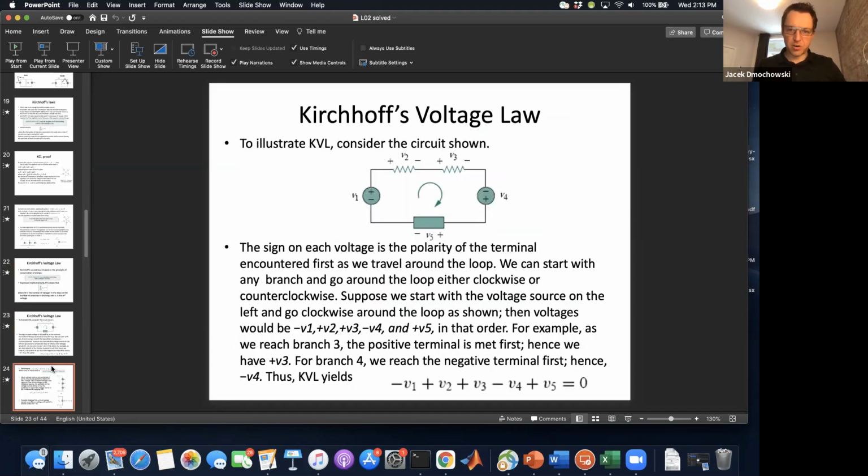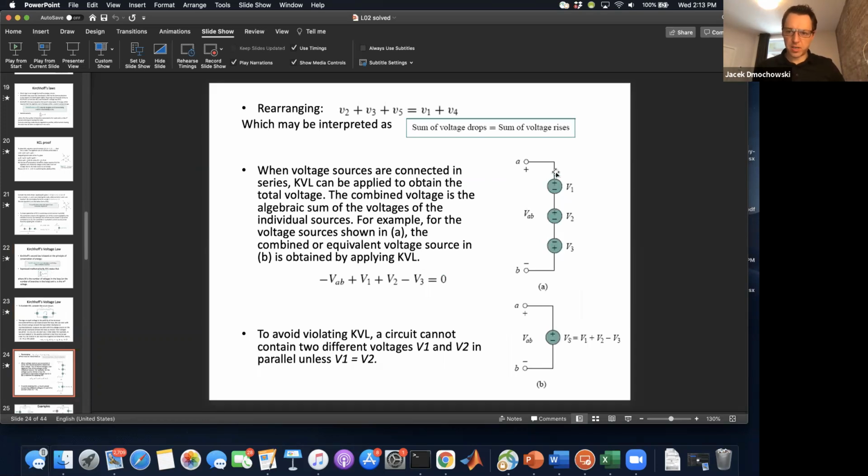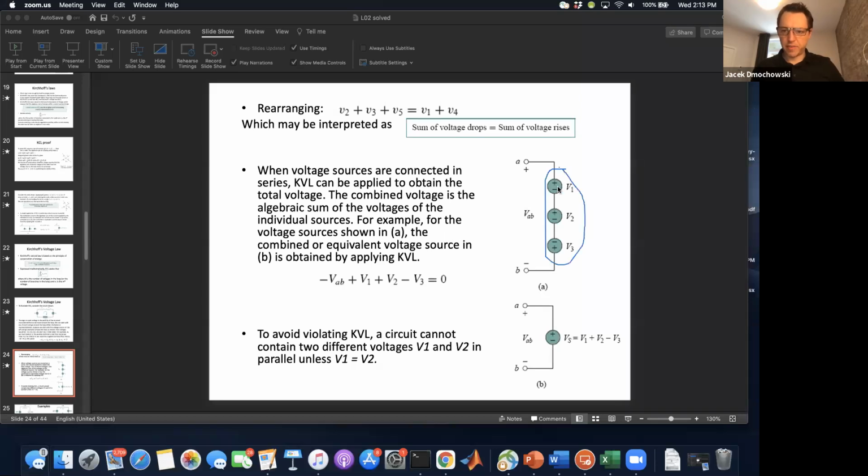Okay, so let's talk about batteries in series. Here we have 3 batteries, all connected in series. V1 and V2 have the same polarity, but V3 has the opposite polarity. Let's say we apply KVL to this circuit in a clockwise manner.